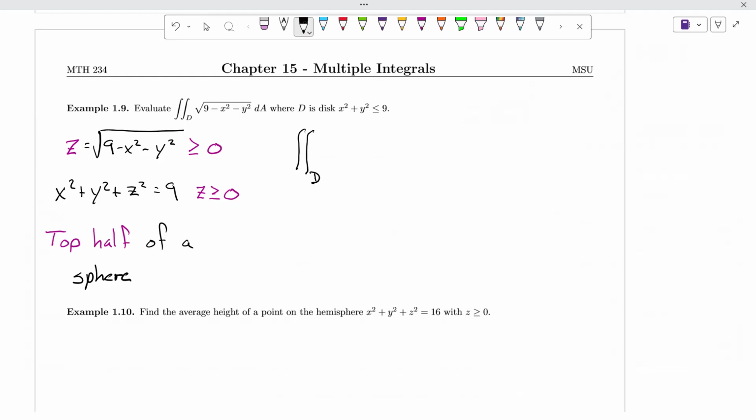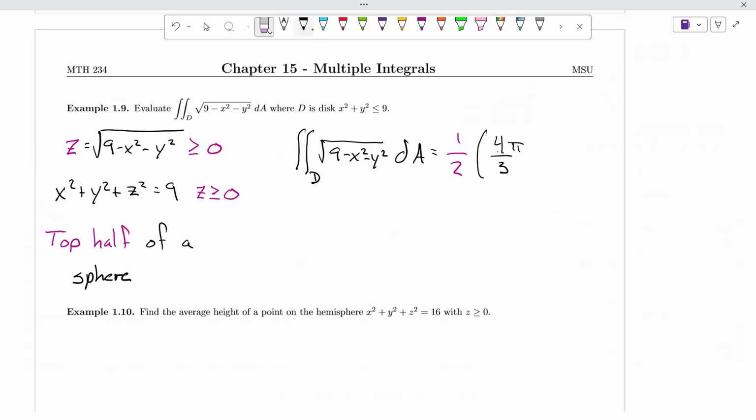So the double integral over D of the square root of 9 minus x squared minus y squared dA is going to be a volume. Our particular volume is going to be 1/2 of 4/3 pi r cubed. 4/3 pi r cubed.